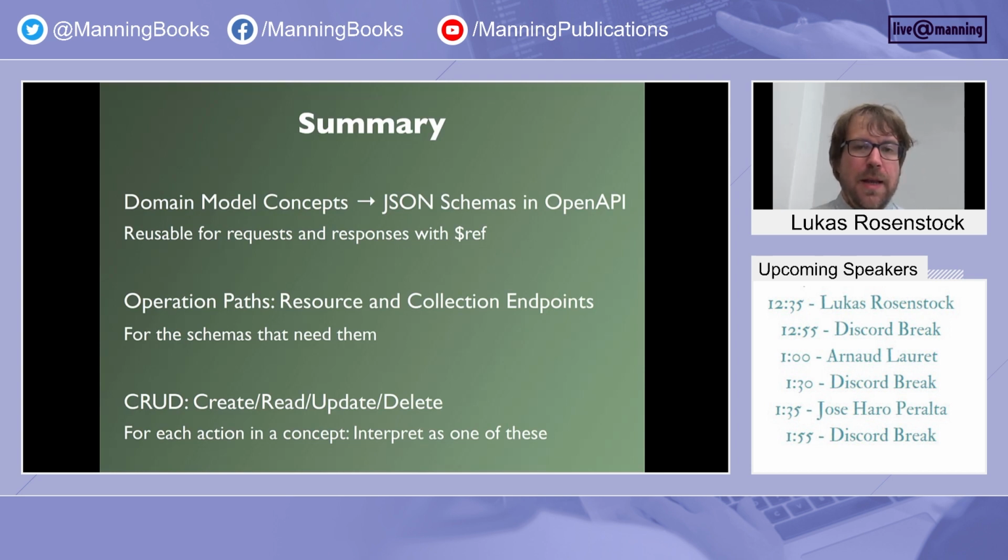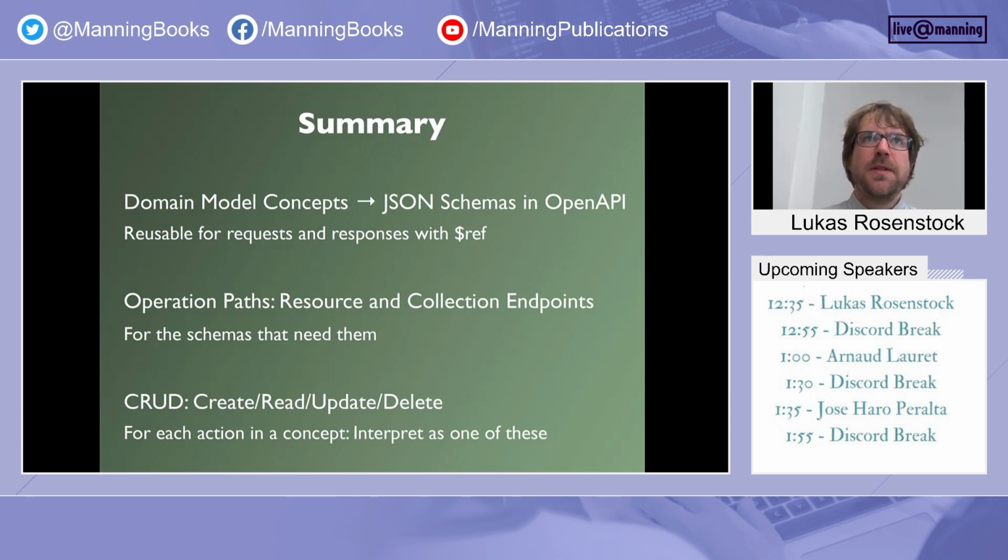So let me summarize. When we want to go from domain model to API, we can generally convert all our domain model concepts into JSON schemas in our OpenAPI file. And these are reusable in different areas of the API for requests, for responses, for being referenced in other schemas.